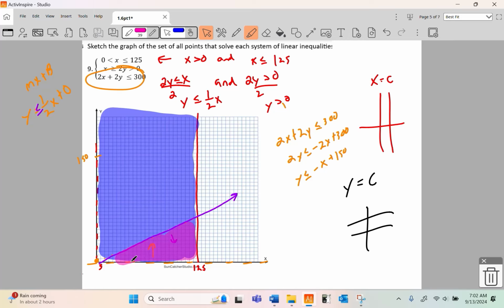And the last thing I'm supposed to do is graph this negative x plus 150. It crosses at 150, and then it falls 1 and runs 1 because the slope is negative 1. I'm just going to fall 1 and run 1. Do lots of dots. Otherwise, I'll miss it.